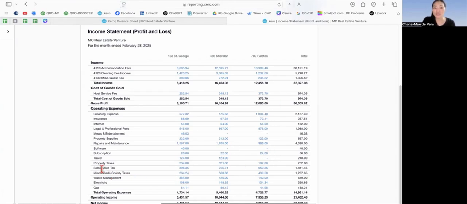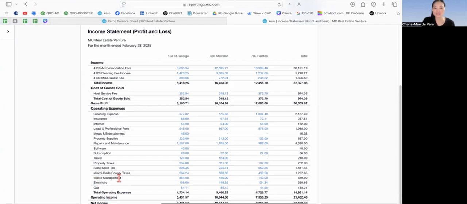You also mentioned in our previous meeting that I should itemize the taxes that we're paying. So here we have the 3 kinds of taxes that we need to pay every month: the property taxes, the state sales tax, and the Miami-Dade county taxes. For the utilities, you also requested to have it itemized so that when you see the income statement, you'll get to identify it easily.